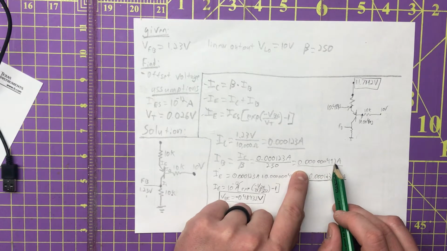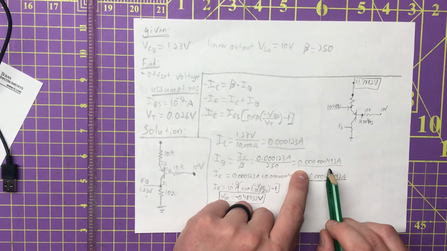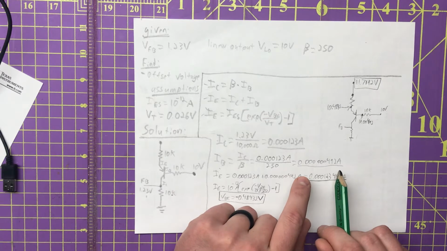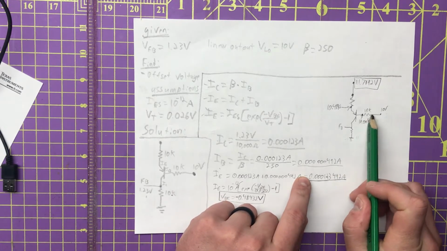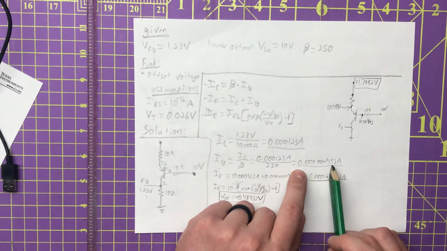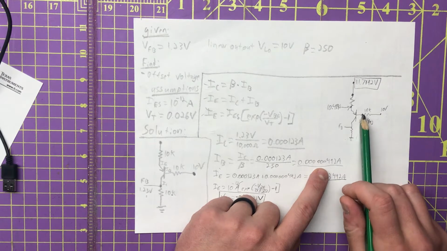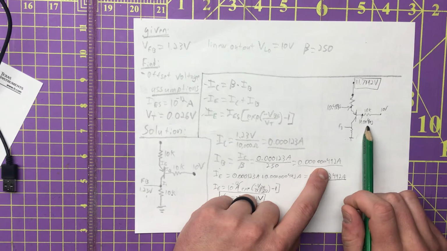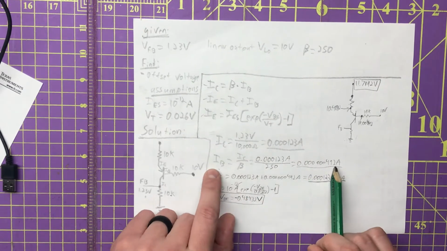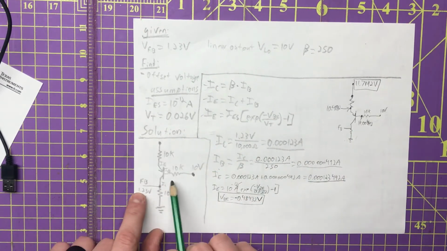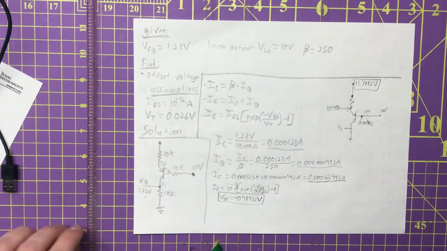And that is why I don't think it really matters what voltage or what resistor used, because that's a really small number. And the voltage gain across that is like 0.00492. We'll see that later. Anyways, that's the base current coming out of here.